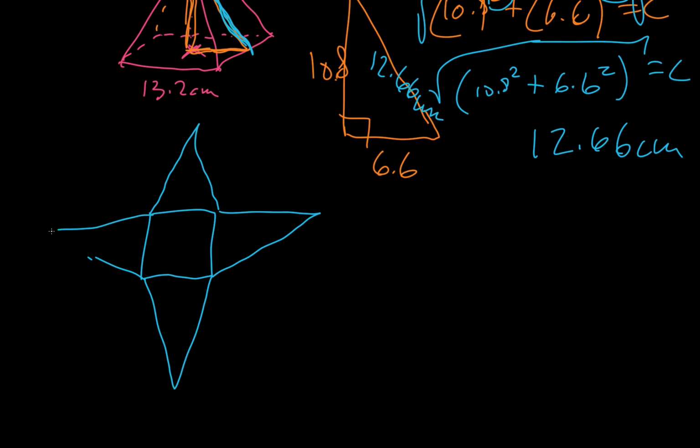They point out a few factors with this. So they point out that these are all the same. And then they point out that these are all the same. So we have a square base, and we know that that is, I'll get a new color, that's 13.2.